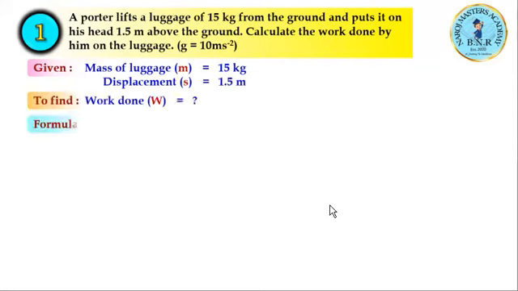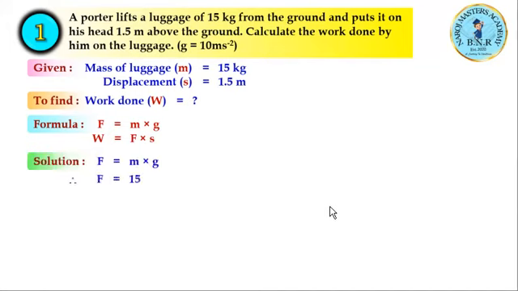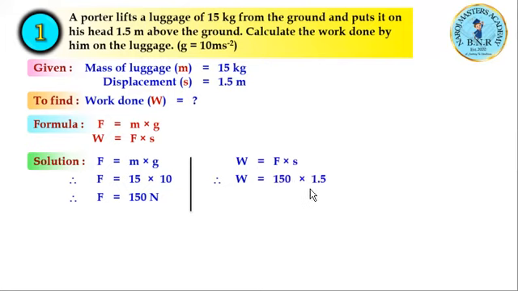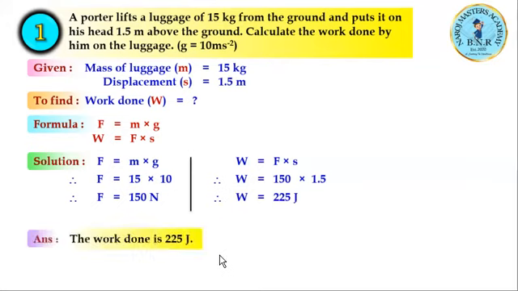F is equal to m into g, W is equal to F s. m into g is 15 kg into 10, 150 newtons, whereas W is equal to F into S, 150 into S, which is 1.5 meters. So this is 225 joules. Thus, the work done is 225 joules.